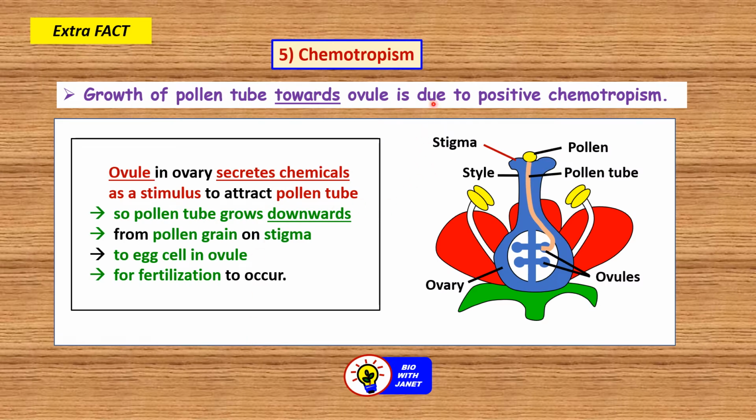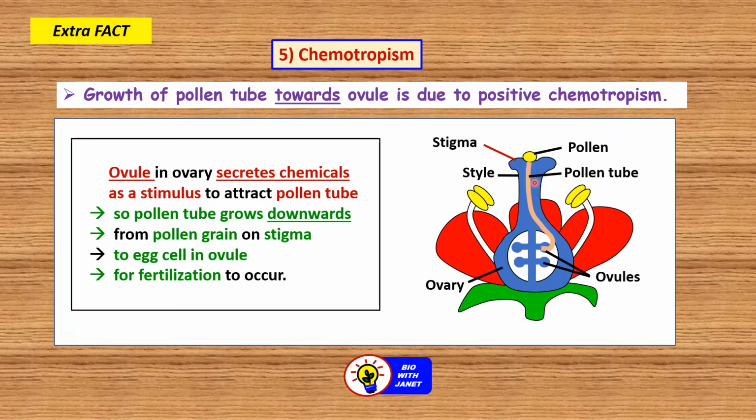Now here's an extra fact. Another example of chemotropism is the growth of the pollen tube towards the ovule. This is due to positive chemotropism. When the pollen grain lands on the stigma of a flower, it will start to grow a pollen tube. This is the germination of the pollen grain.